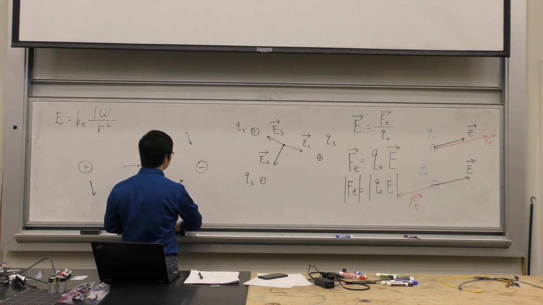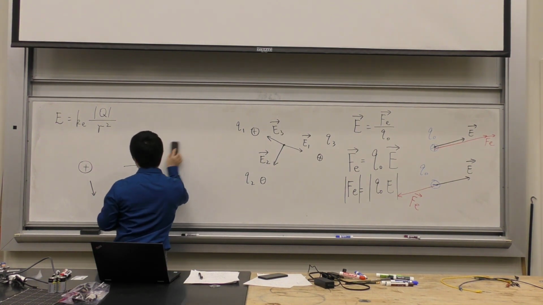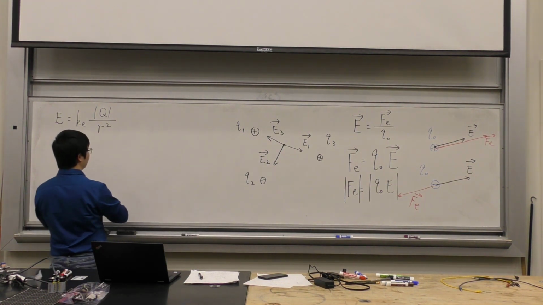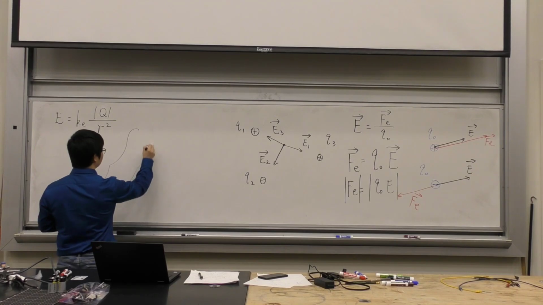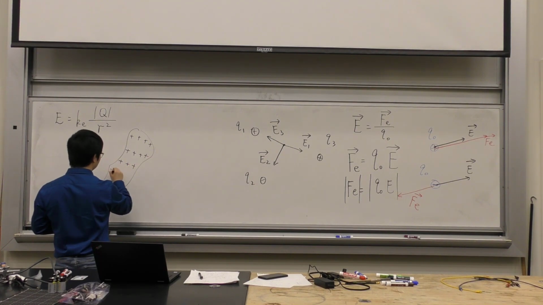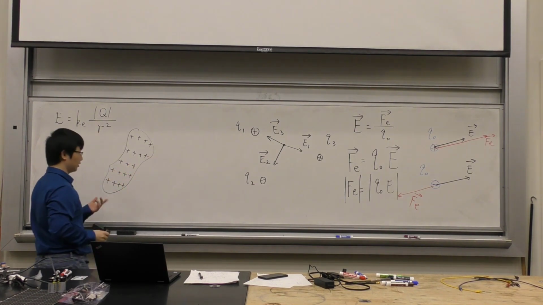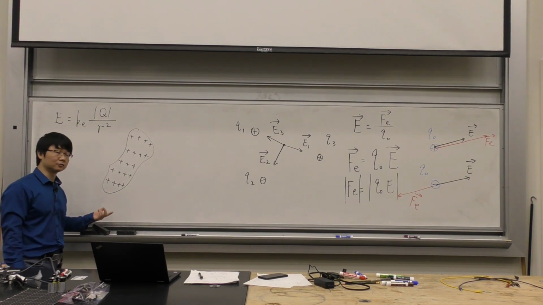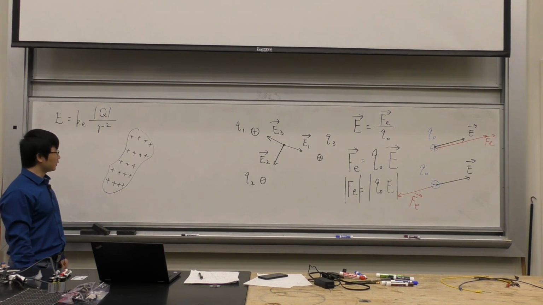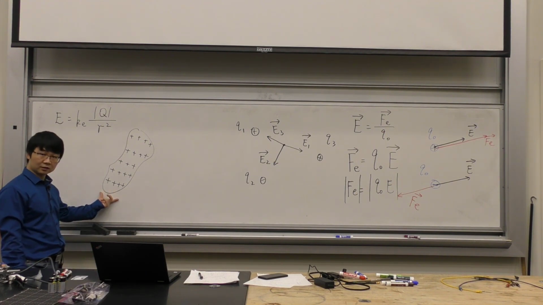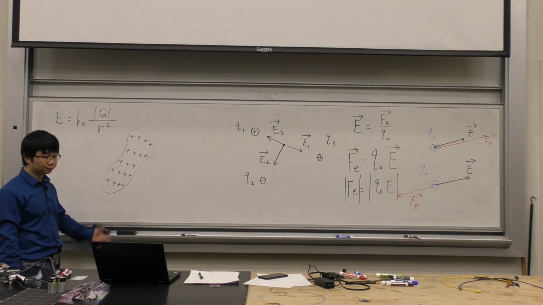I give you something, and this whole thing has been charged with a lot of charges. So they're not isolated, and you can't even count how many charges are on this guy, right? How do you count? So in this case, how do we find the electric field created by this thing, totally charged?